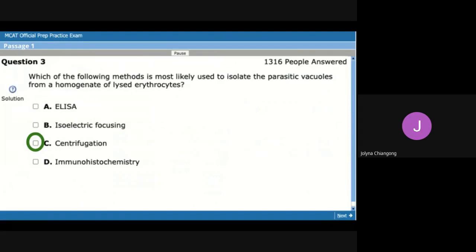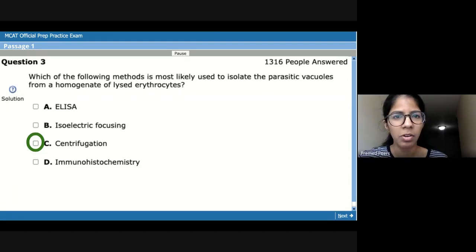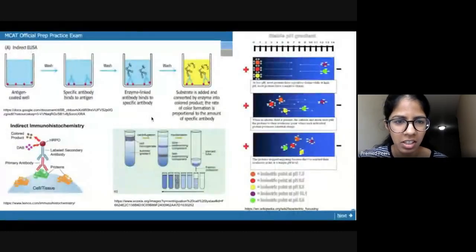No, go ahead. For me, I just thought it was centrifugation because different densities is the way that centrifuging works. And so I figured that by using the different densities of the vacuoles and the erythrocytes, you'd be able to separate the two. Yeah, perfect. That's exactly right. Thank you.